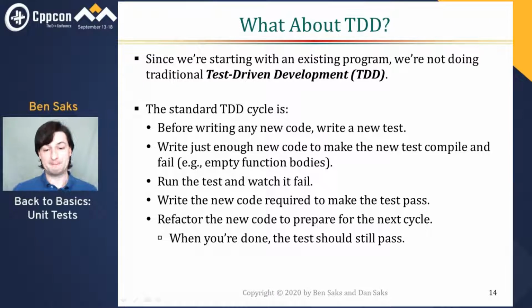And so test-driven development, the standard model, would be: before you write any new code for the project, write the test code. Do just enough to get the code to compile and watch it fail. Run the test, and once you've seen that the test fails correctly, then write the code needed to make the test pass.